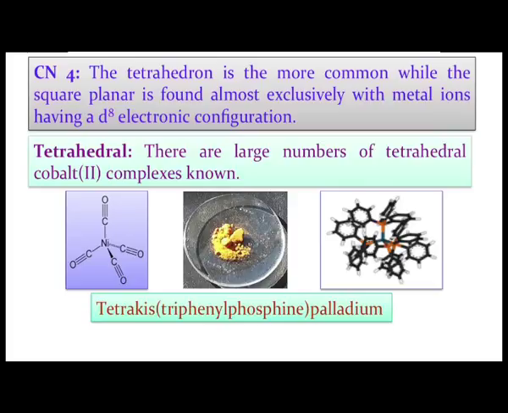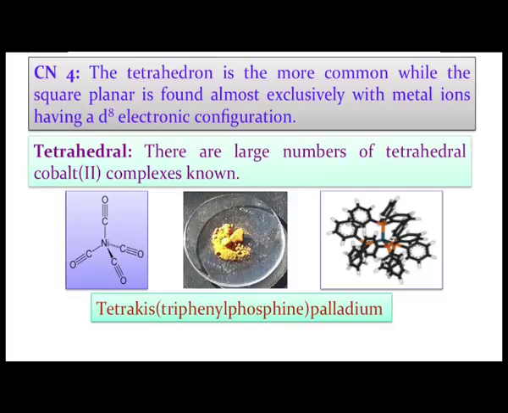Then coordination number 4. What immediately comes to our mind is that if we place 4 groups around the metal center, we get a tetrahedral arrangement, which is more common, and the other one is the square planar arrangement for the d8 electronic configuration.